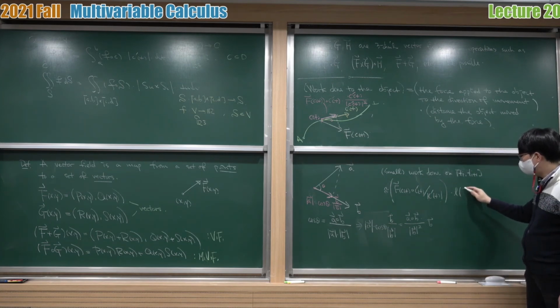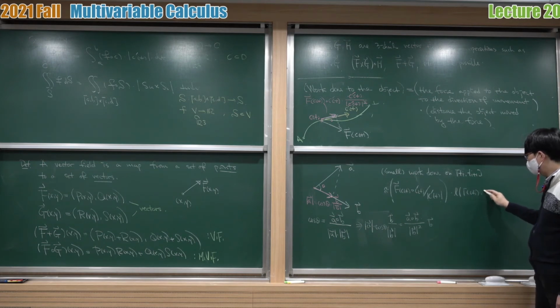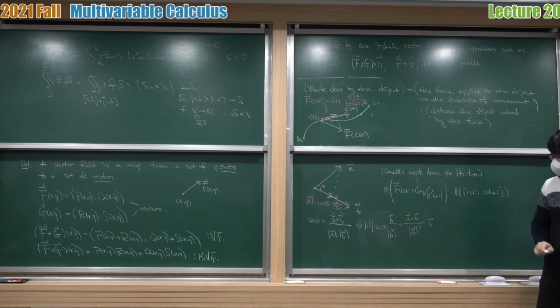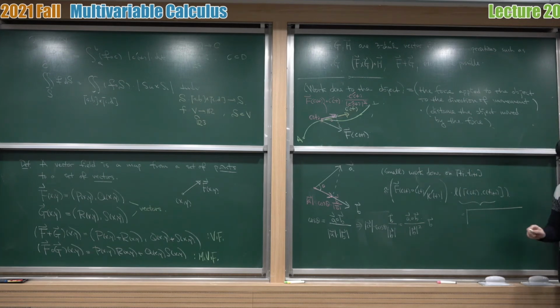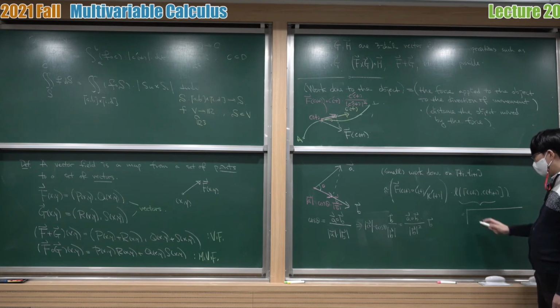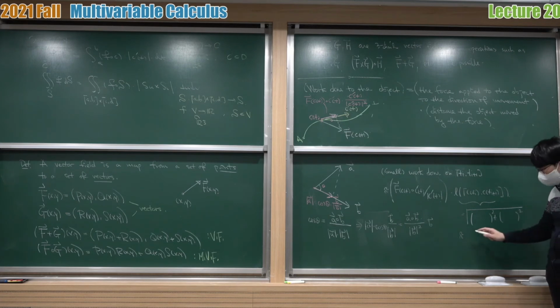The length between C(ti) and C(ti+1) is equal to the square root of some squared plus squared, but I will just make it approximately equal to |C'(t)| times delta t, where delta t is t(i+1) minus t(i).